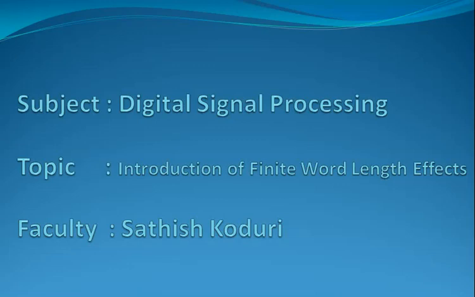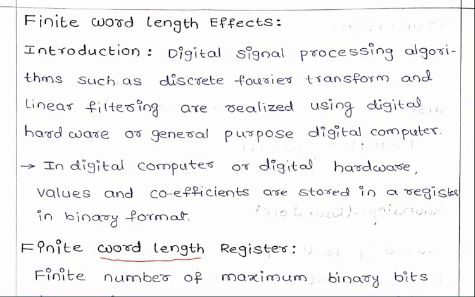Today our topic is Introduction of Finite Word Length Effects. As we know, digital signal processing algorithms such as discrete Fourier transform and filters such as IIR filters and FIR filters are realized using general purpose digital computer or digital hardware.